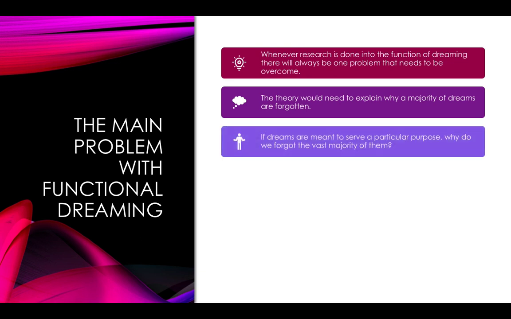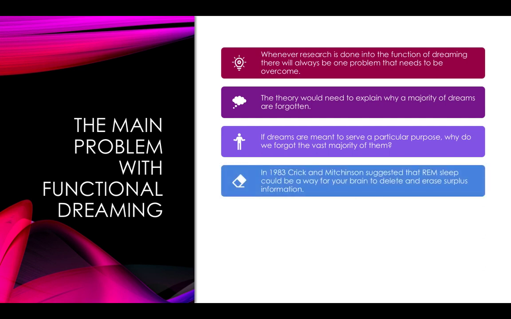Because if dreaming is meant to serve a particular purpose, if it's supposed to have a function like threat simulation or social simulation theory, then why do we forget the vast majority of dreams? Surely it stands to reason that if we accept threat simulation theory, if dreams serve the function of simulating threats that we can be better prepared for, what's the point in doing that if we forget the dreams as soon as we wake up?